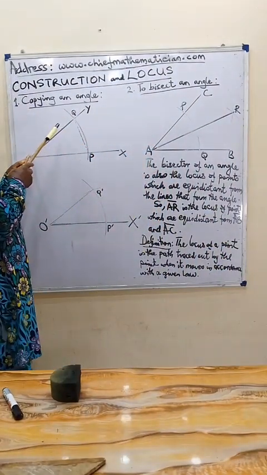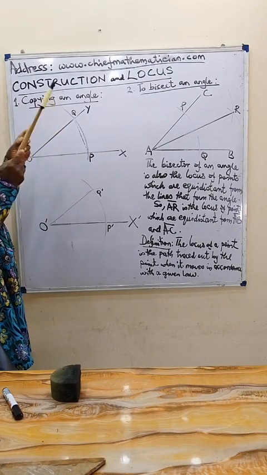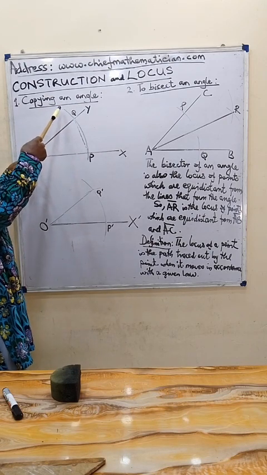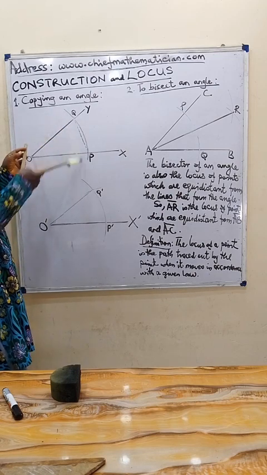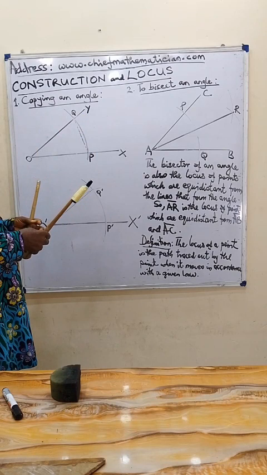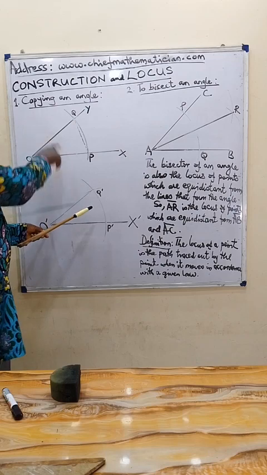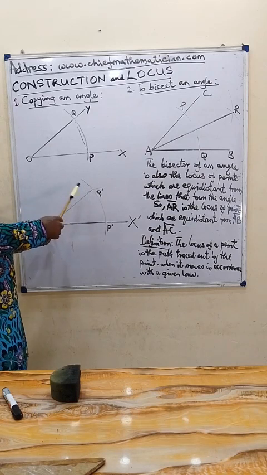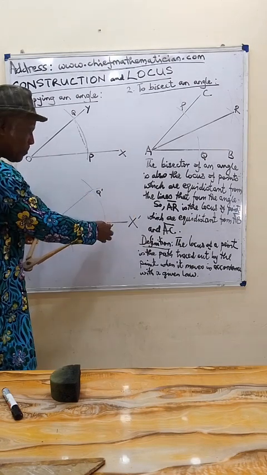Using O as center, of course, you know this is your compasses, and a convenient radius, you describe an arc to cut OY and OX at P and Q. You come to this O prime and use the same radius, and you describe an arc to cut O prime X prime at P prime.